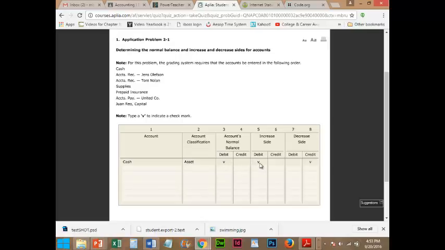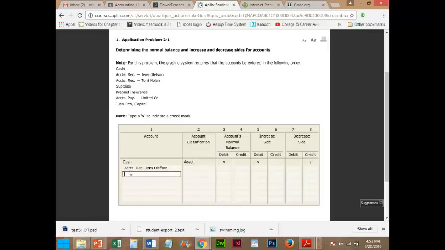It increases with debits, it decreases with credits. So you're going to take the next account on the list, which is accounts receivable to Jens Olafson. You're going to classify it. It's also an asset. And you're going to mark how it increases and decreases.